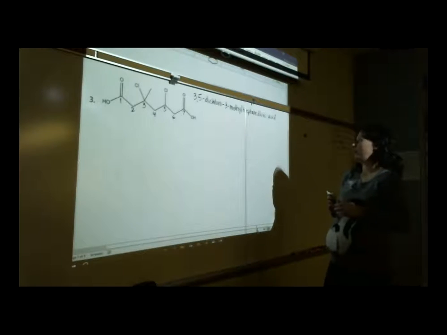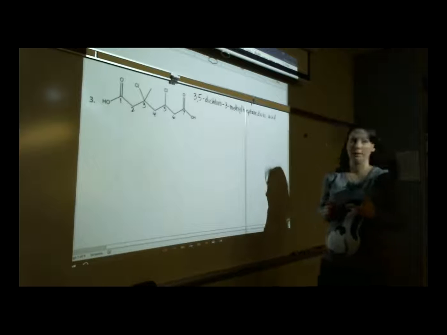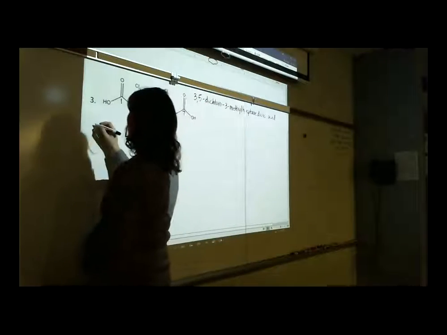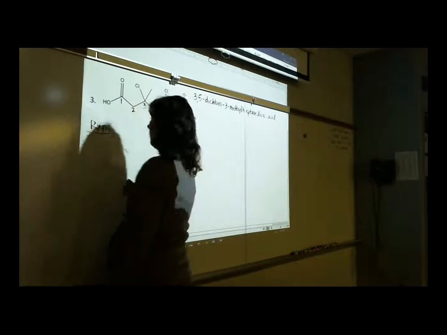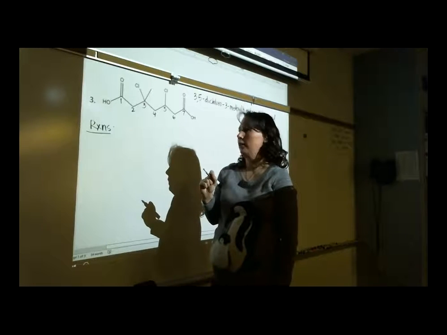So how do we make carboxylic acids? I've only taught you one way to make a carboxylic acid. I mean, I would accept 2 answers, reactions that would work, but they're both from the same class. Oxidation, right?